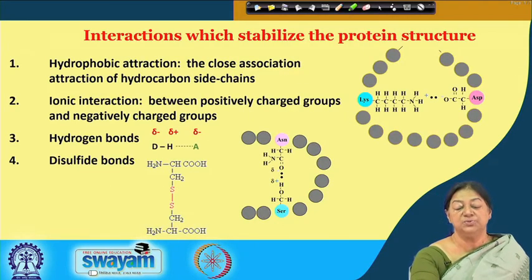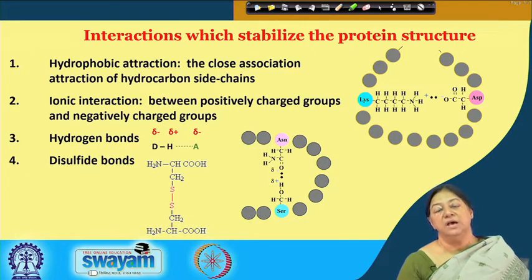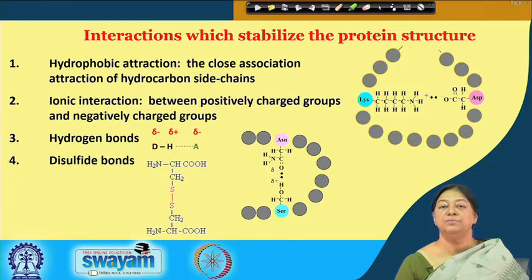So, the interactions which stabilize the protein structure include hydrophobic interaction, that is the close association or attraction of hydrocarbon containing side chains. Now, which are these? We learned these in the first lecture where we looked at the different types of amino acids. Those amino acids that have carbon and hydrogen in their side chain would form a hydrophobic kind of side chain, which would have a characteristic to remain away from the solvent water.